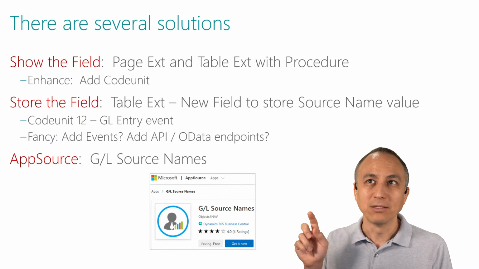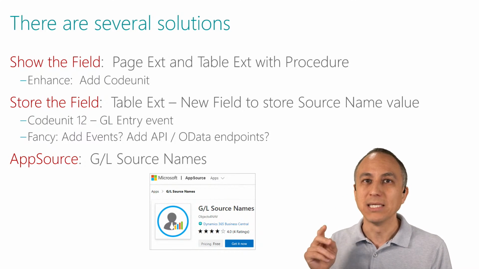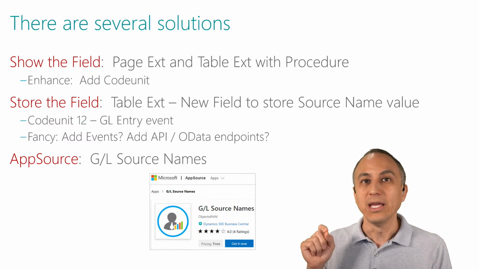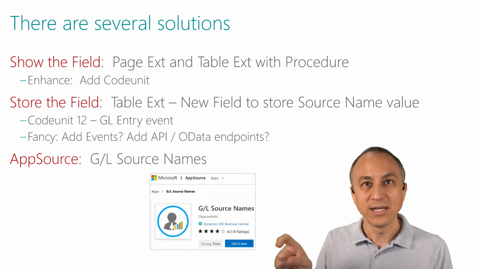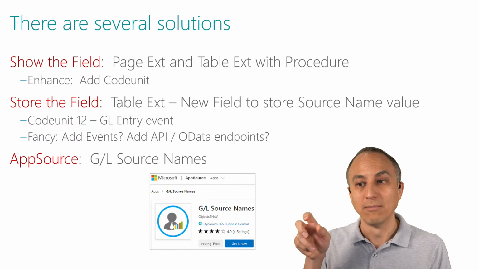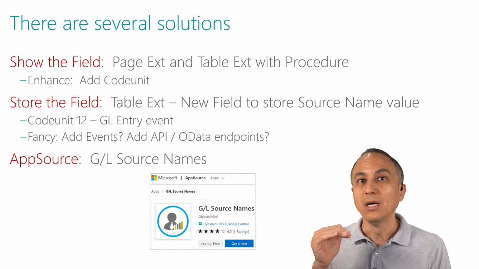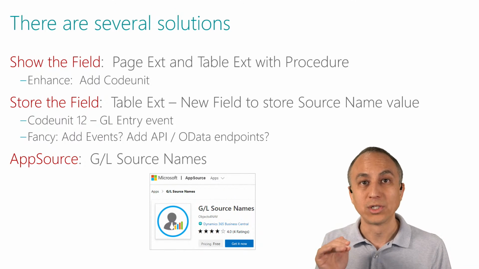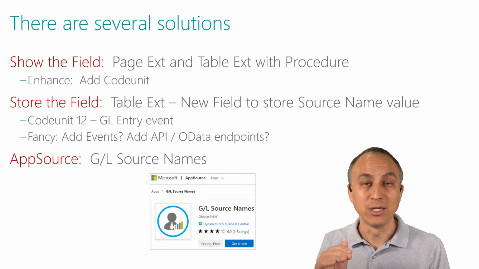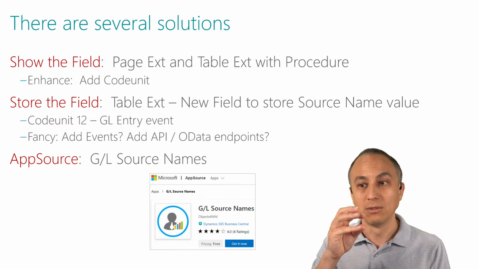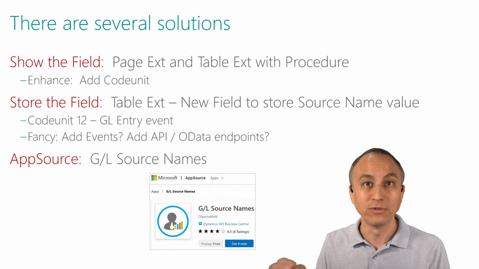So just basically, this GL Source Names, based on my review of the code, uses a fancier way of making the retrieval of the source name more efficient, but it does not store the source name with the GL entry record. It is done as a lookup through FlowFields.